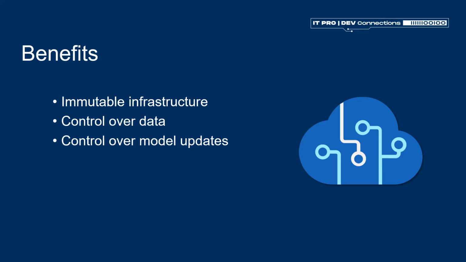So now you have complete control over model updates. You have flexibility in versioning, and you can update the models deployed in your solution when you want. So you don't have to even think about this.